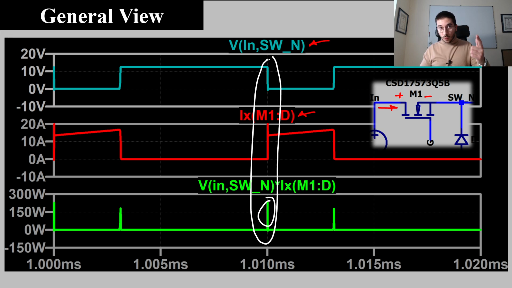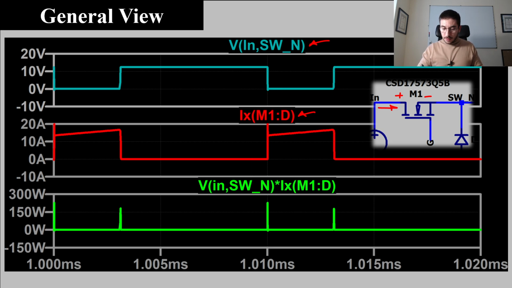And one difference with respect to the theoretical explanation is this one. We have an extra current peak in the MOSFET. This is something that we will address in the next slide. Then, after we turn on the device, the MOSFET is in on state, is this interval.